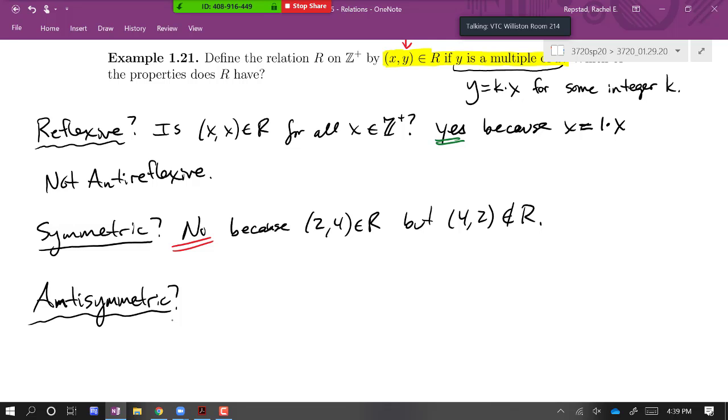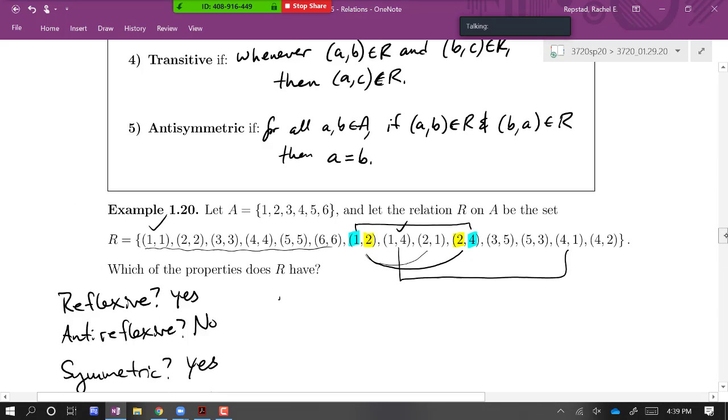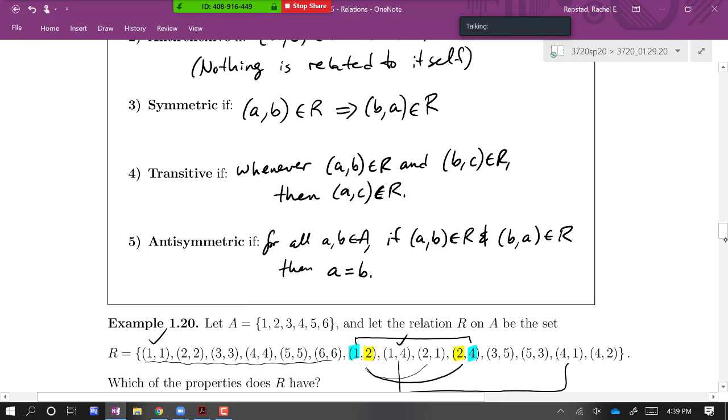Let's go back to the definition. A relation is anti-symmetric if for all elements in your set, if (A, B) is in the relation and (B, A) is in the relation, then as it turns out, A and B are the same element. It's just a case of an element being related to itself.